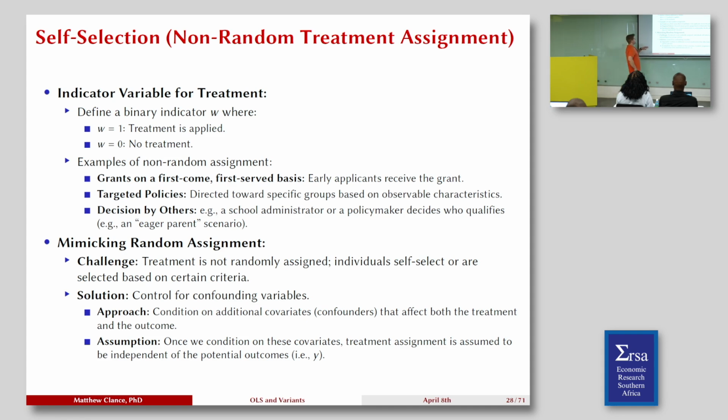But basically, you can guess who's going to be the earliest in particular in terms of a first come, first served basis. Early applicants receive the grants. If it is just you show up first, you get the grants. We can think about targeted policies that go towards particular specific groups due to observable characteristics.